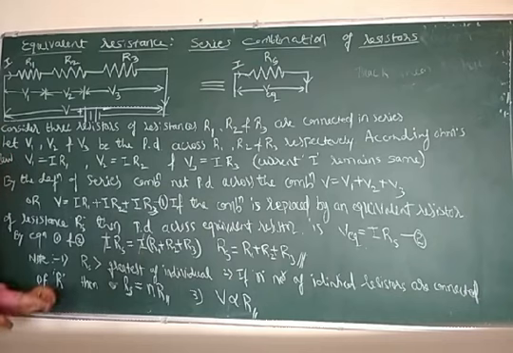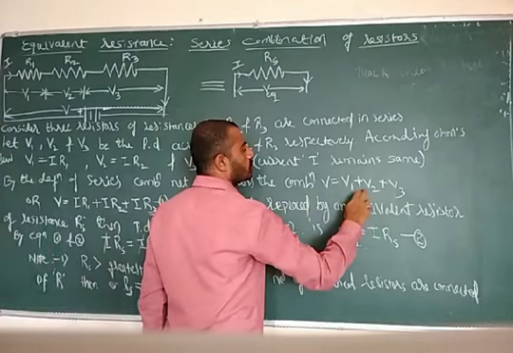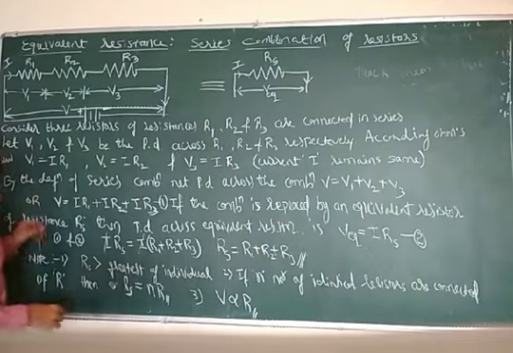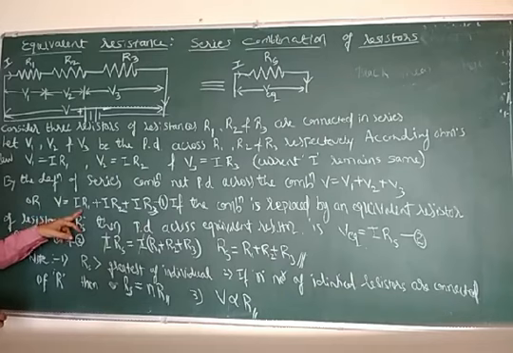Okay, by definition of series combination, net voltage V is equal to V1 plus V2 plus V3. V1 means I into R1, V2 means I into R2, V3 means I into R3. Net voltage is equal to, on taking I commonly outside, I into R1 plus R2 plus R3.